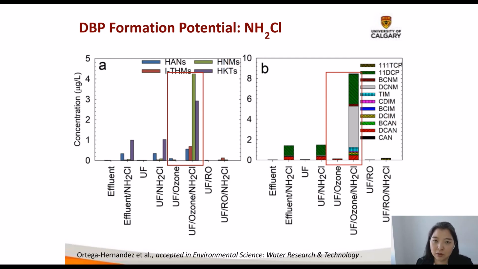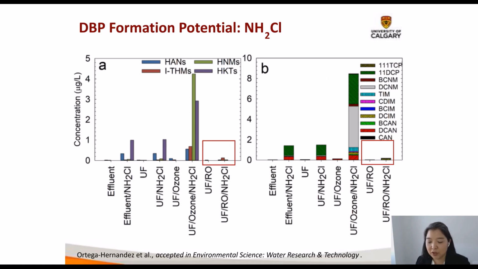So when I showed you the previous graph of what's contained in the wastewater, we did see about 4 ppb of total organic iodine. And so we believe that ozonation could have broken down these compounds and after chloramination formed these iodinated THMs. Especially we see a high concentration of iodoform in these waters.